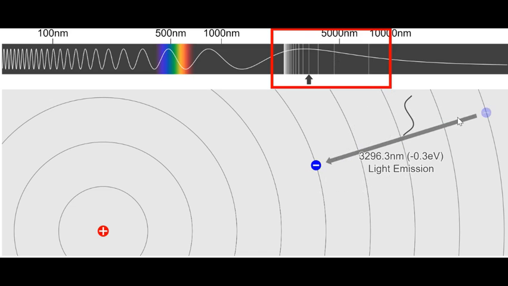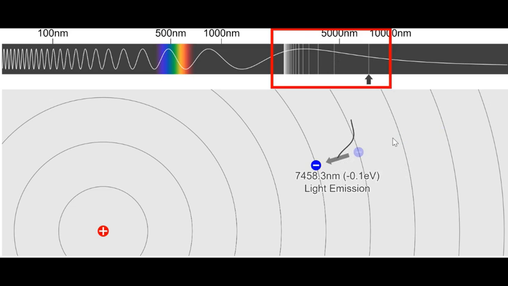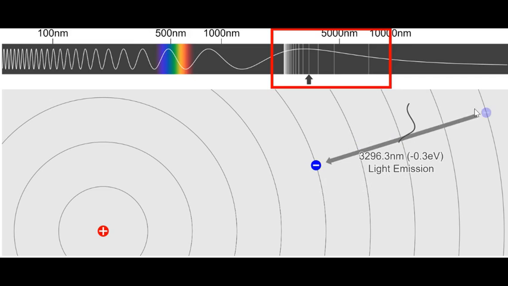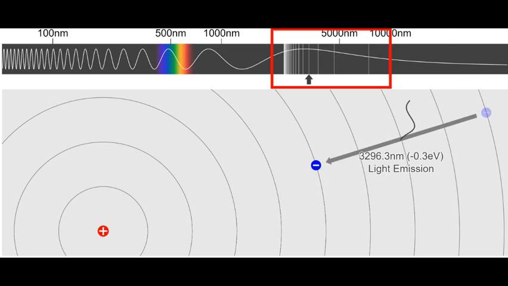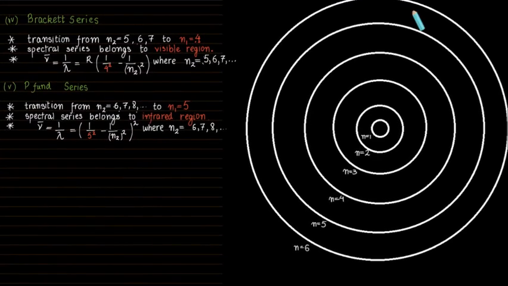This corresponds to your Pfund series, where the transition is from higher energy level to your fifth energy level. Fine, so you can substitute n1 equals 5 in the wave number expression here, and then you can find the corresponding wave number. Now in this case the emitted energy will be in the region of infrared.